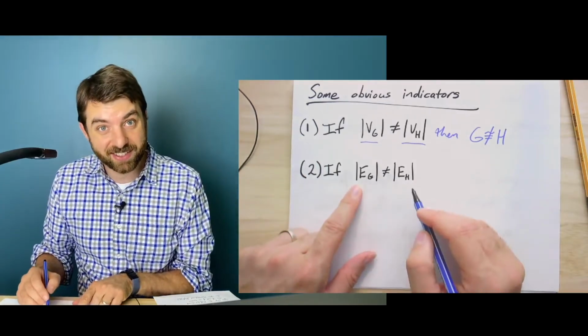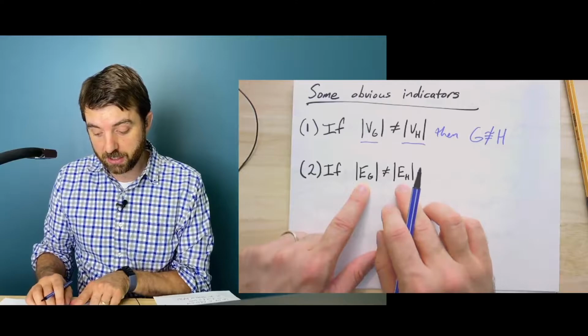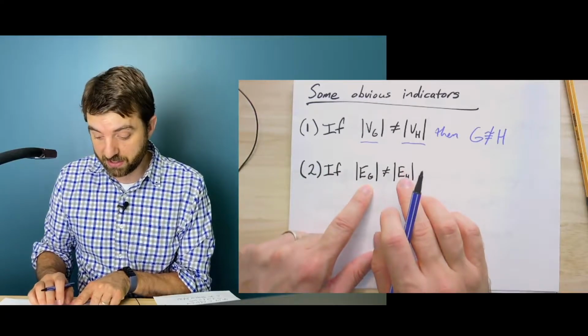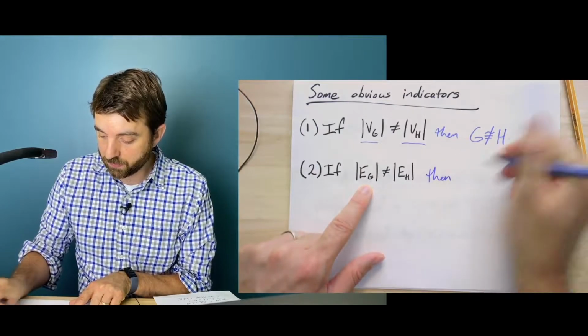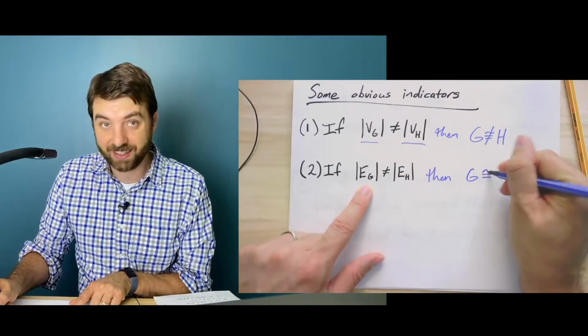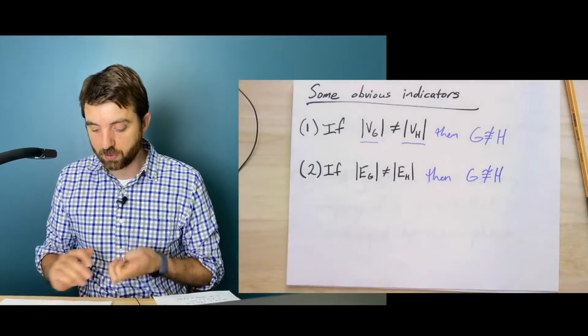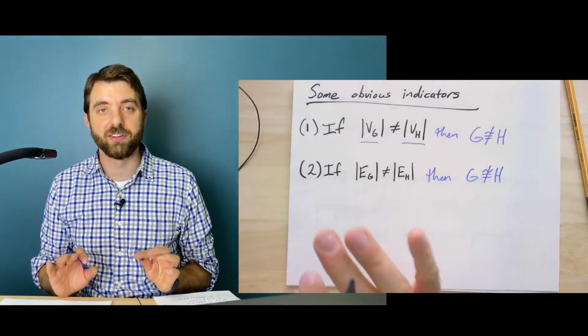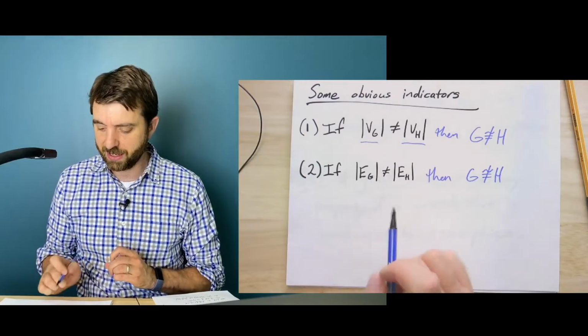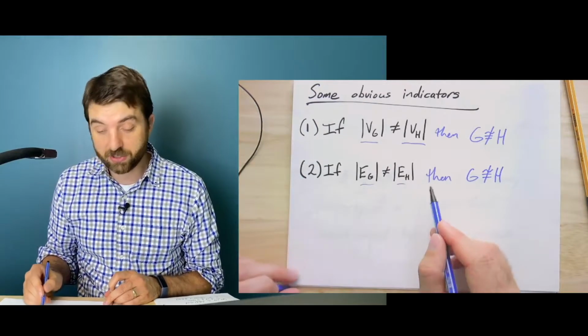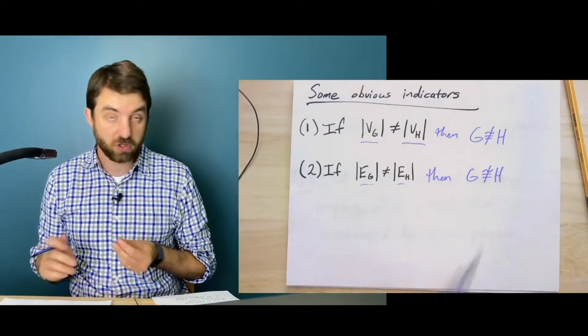Similarly, if the number of edges in G is a different number from the edges in H, then again, G cannot be isomorphic to H. This would be a clear signal that the two graphs are not isomorphic just by having a different number of vertices and edges. And I just asserted that here, but you can prove it.